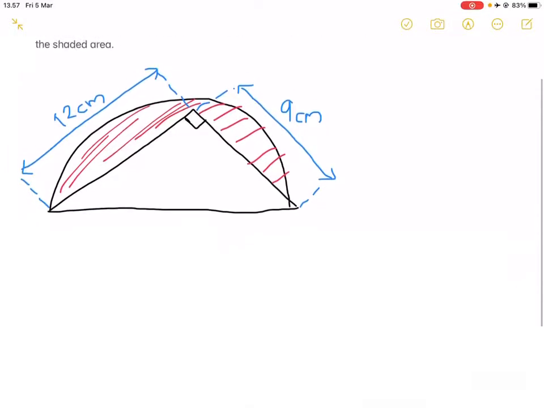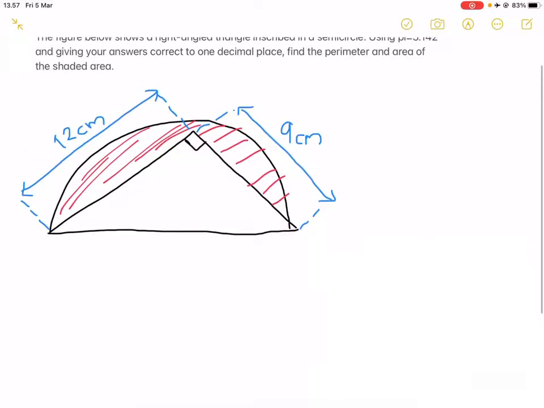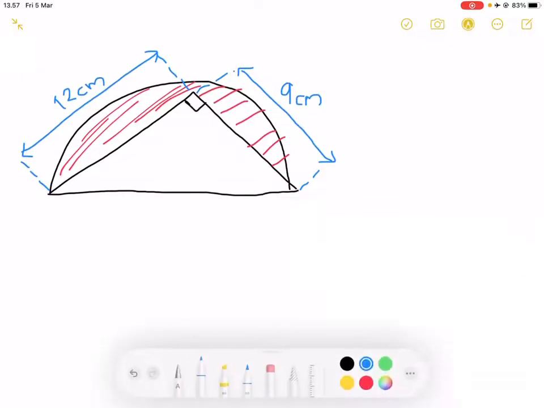So first, notice that the triangle here is a right angle triangle. Therefore, we can just use the Pythagorean theorem to calculate this length right here. And notice that this length here is the longest side, and it's pretty easy to see if you extend these.